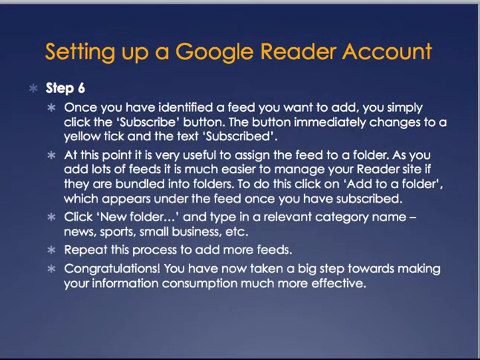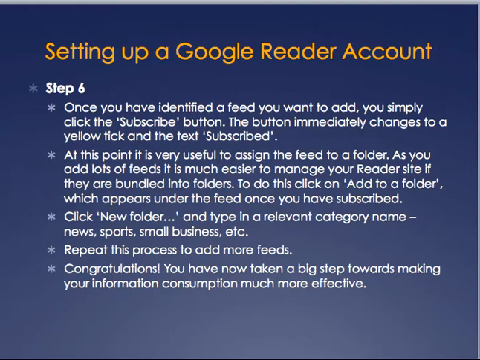Step 6. Once you have identified a feed you want to add, you simply click the subscribe button. The button immediately changes to a yellow tick and the text subscribed. At this point, it is very useful to assign the feed to a folder. As you add lots of feeds, it is much easier to manage your reader site if they are bundled into folders.